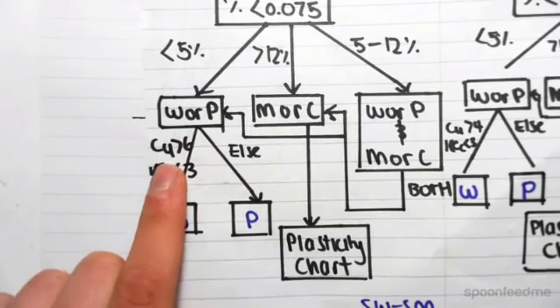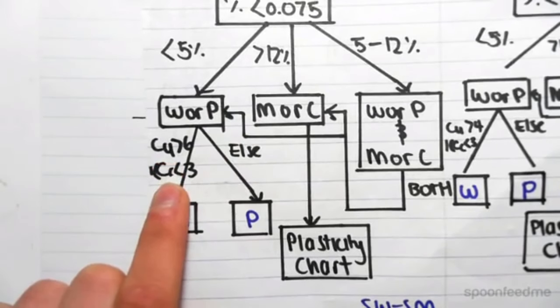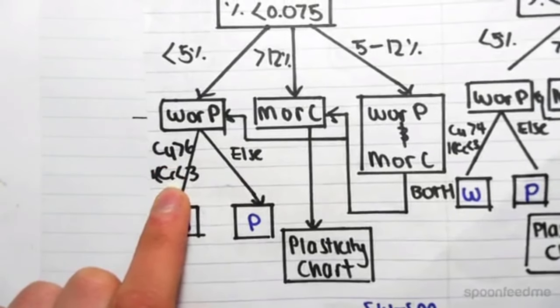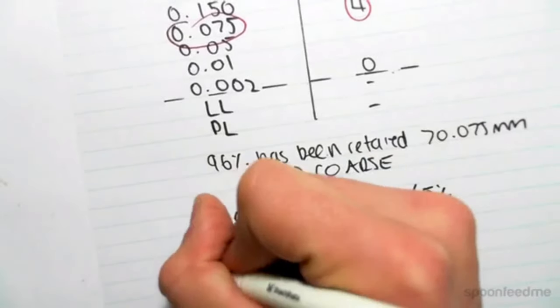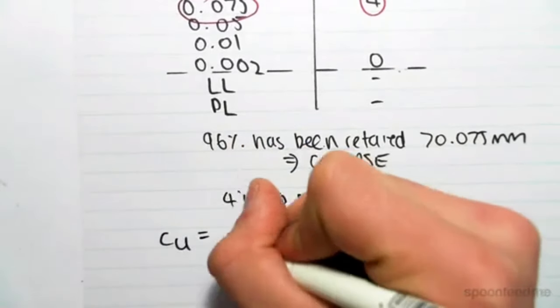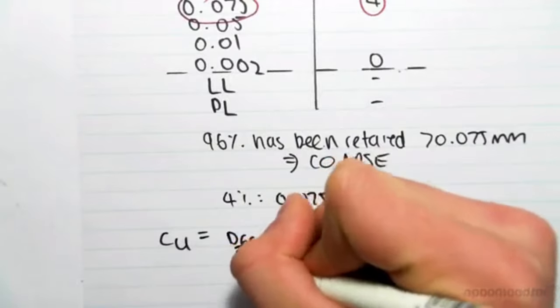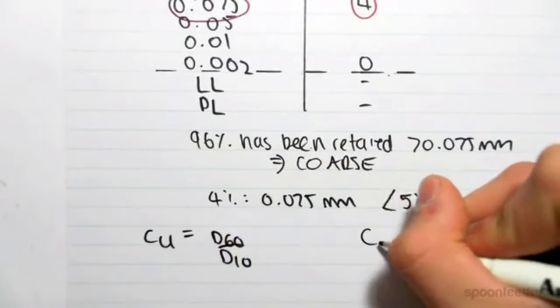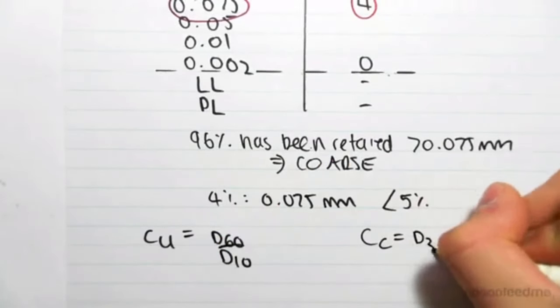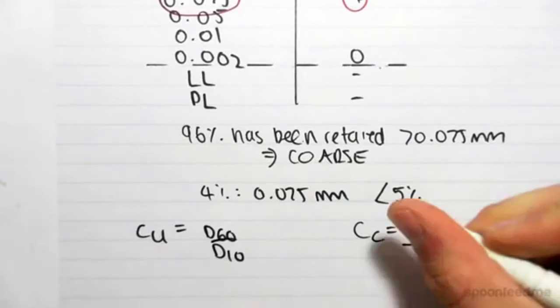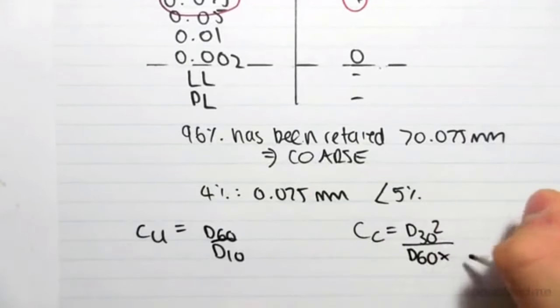So we need to work out the C subscript U term and C subscript C term we defined in the previous video. We know C subscript U is D subscript 60 on D subscript 10, and C subscript C is D30 squared on top of D60 by D10.